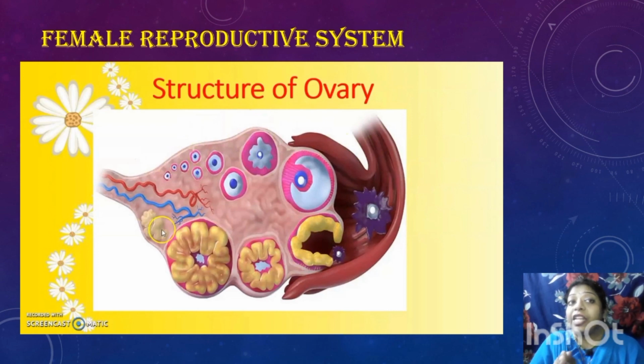After the release, this is the phase where the egg is ready to receive the sperm for fertilization. That is the main phase. Now the egg is waiting for the sperm to get itself fertilized.